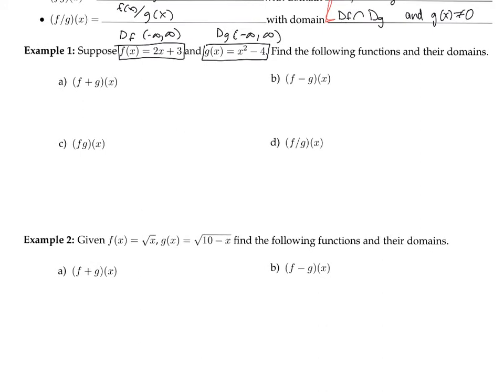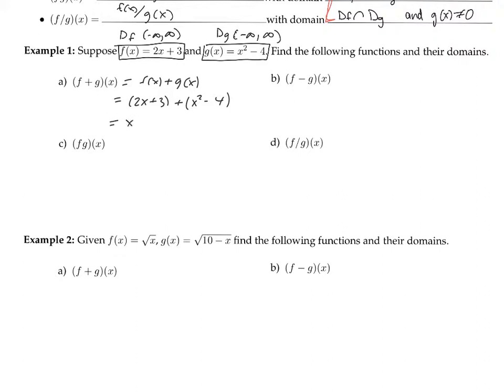Okay, so f plus g of x is just going to say take f of x, add on g of x. So take 2x plus 3 and add x squared minus 4. It's so easy, right? So just do that and rearrange the terms from highest power to lowest power.